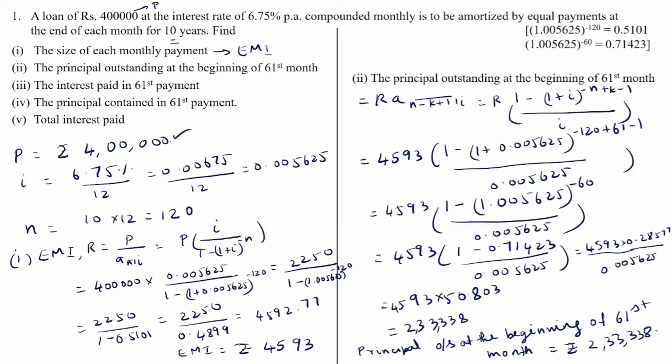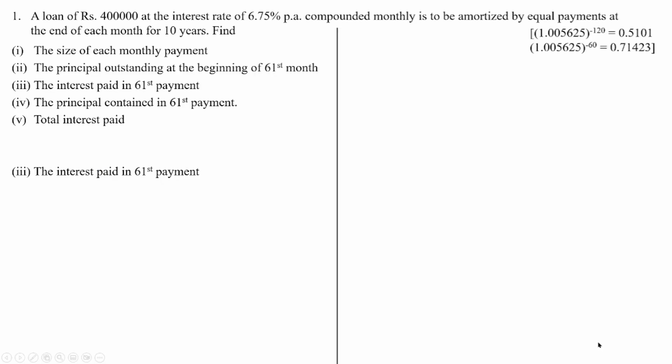Let us continue with the remaining subdivisions. So the size of each monthly payment, we got as rupees 4593, and the principal outstanding at the beginning of 61st month, we got as rupees 2,33,338.